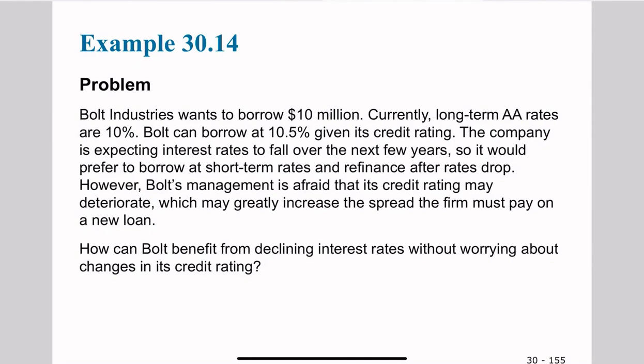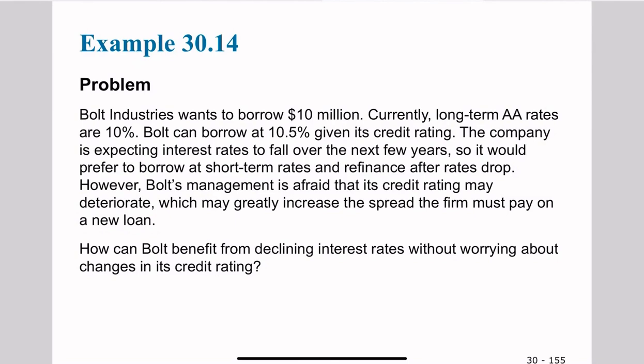However, both managements are afraid that their credit rating may become worse. So in this case, it will increase the credit spread the firm has to pay on its debt. Now, the question is, how can both benefit from declining interest rates without worrying about changes in their credit rating?